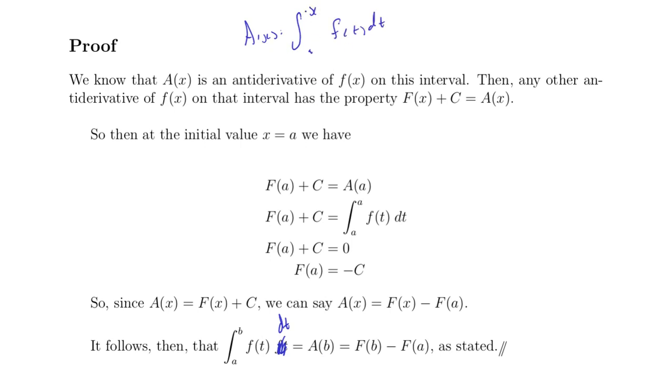And so if you plug b in for x, we've got the integral from a to b. And if you plug b in for x into this expression, it's just some antiderivative evaluated at b minus that antiderivative evaluated at a. Done. That's the proof of the second part of the fundamental theorem of calculus.